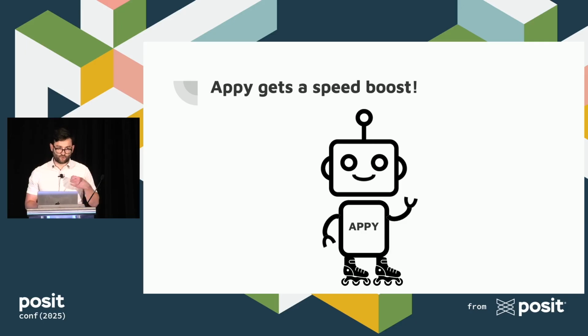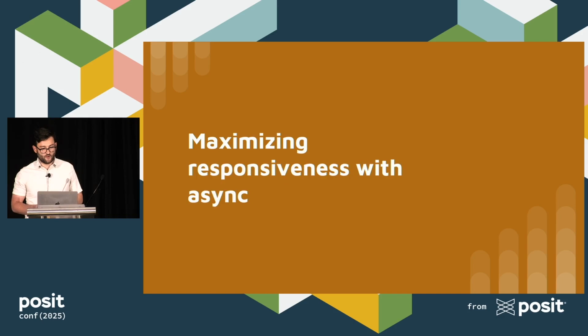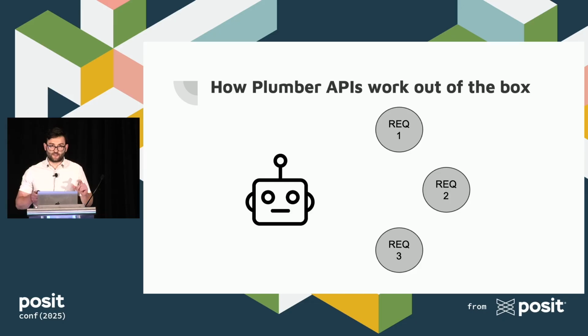We can improve Appy even more by using the second strategy that we have here, which is maximizing responsiveness with async programming. Now, to understand this strategy, we need to take a quick sidebar to understand how R and Plumber work out of the box.